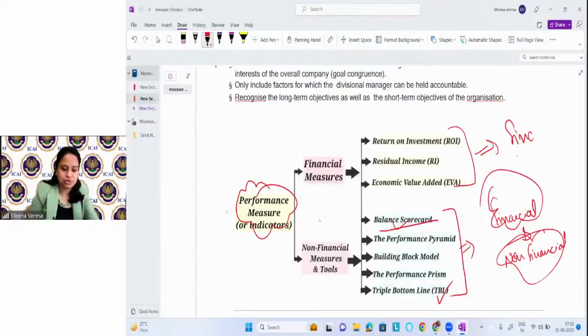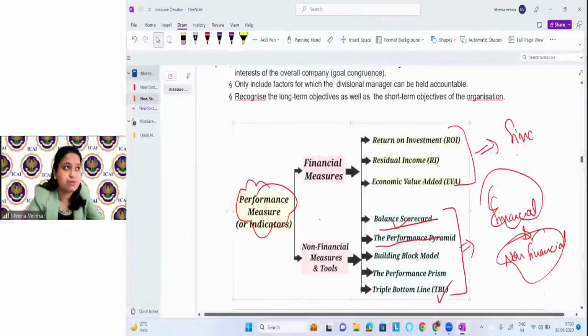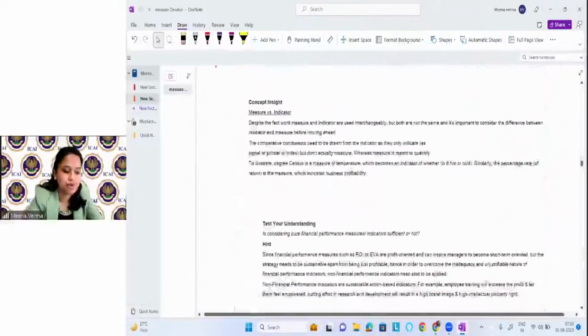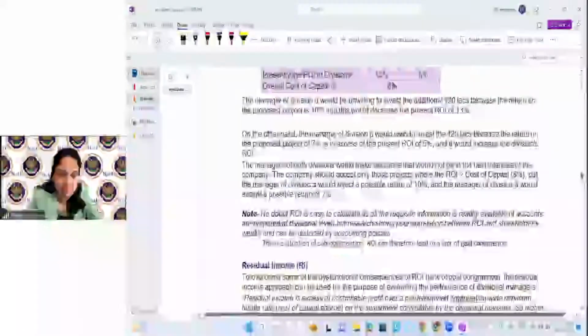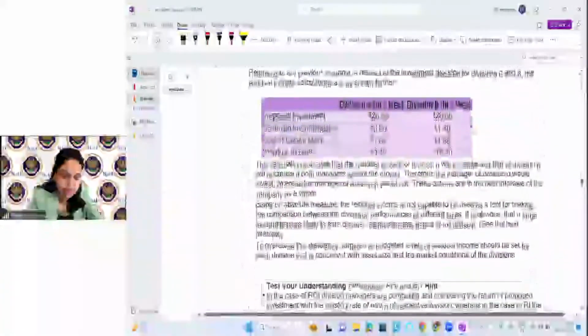Now let's consider the performance pyramid, and with its help let's try to understand how we can measure the performance of an organization.